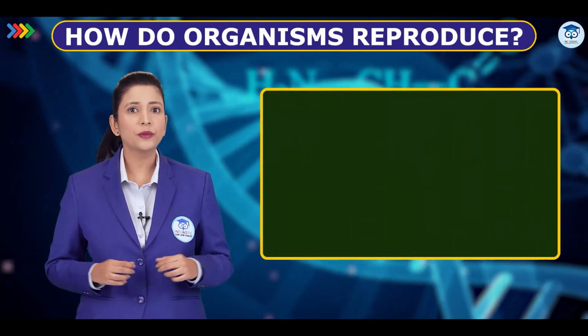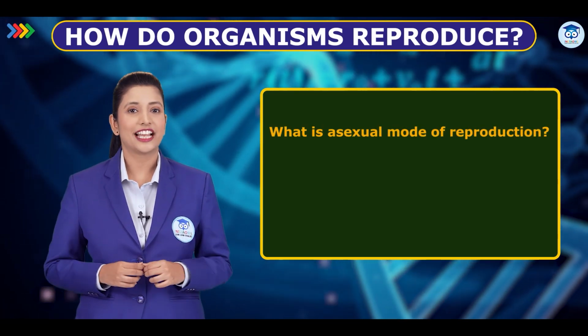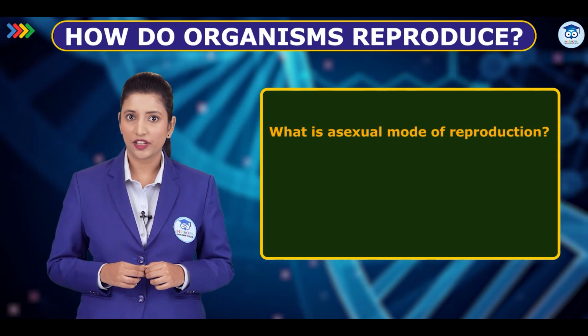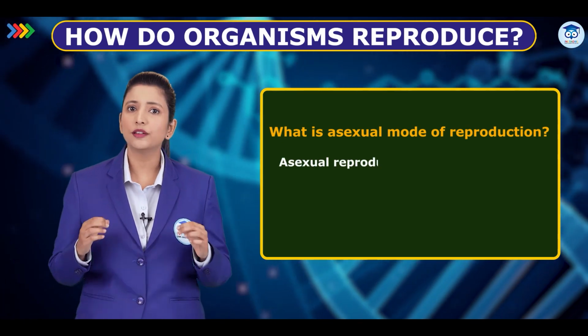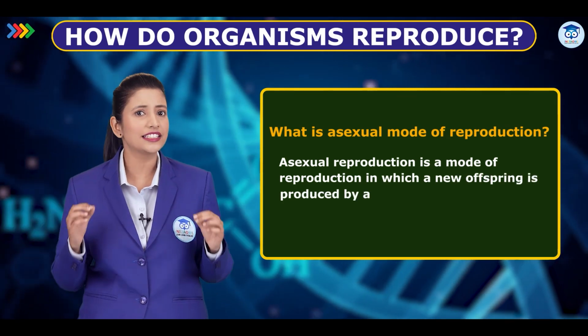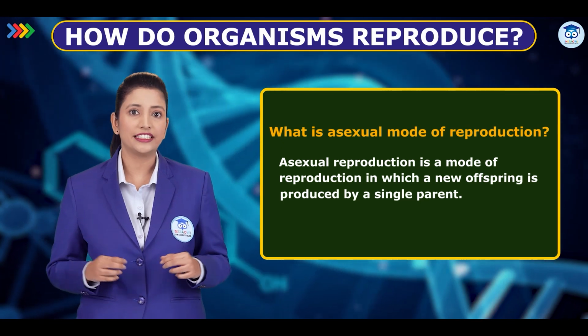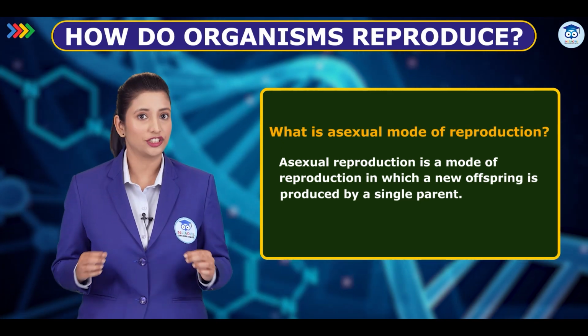Now, you must be wondering what is asexual mode of reproduction. Let's understand the basic definition of it. Asexual reproduction is a mode of reproduction in which a new offspring is produced by a single parent. The new individuals produced are genetically and physically identical to each other.